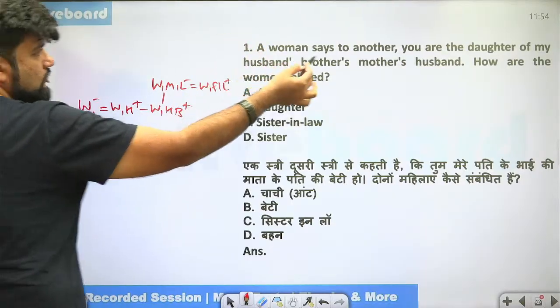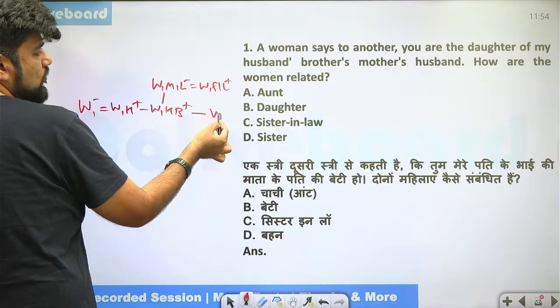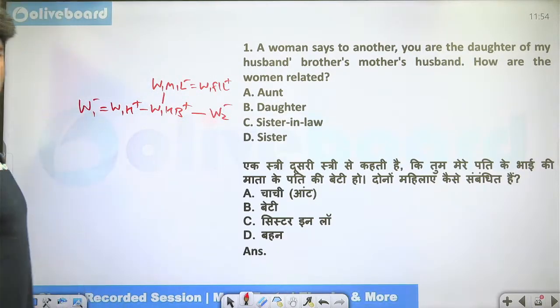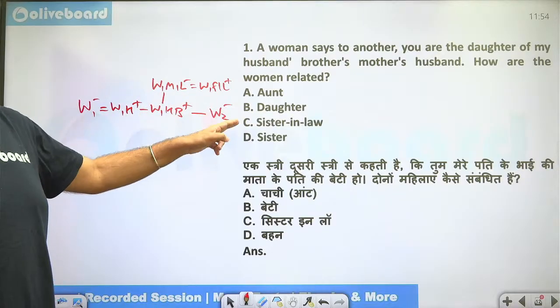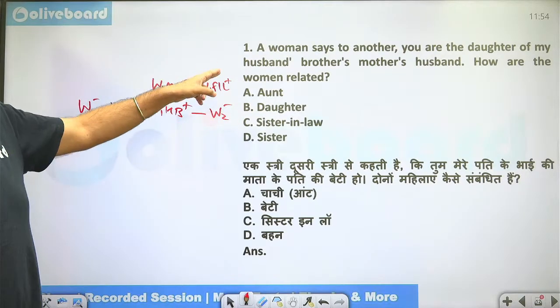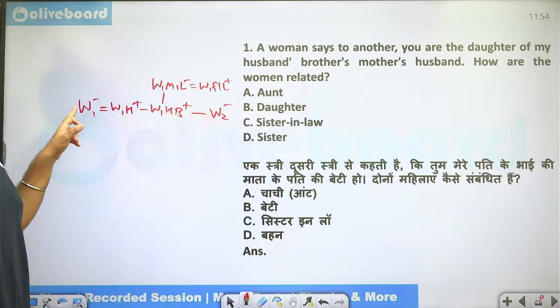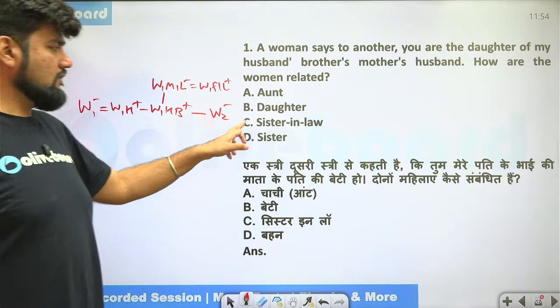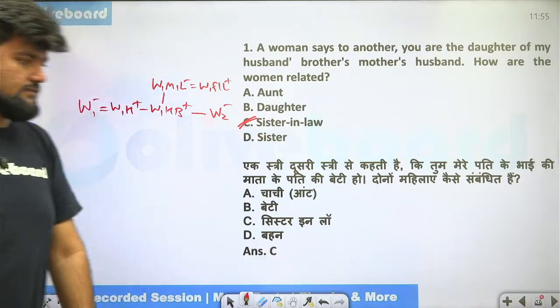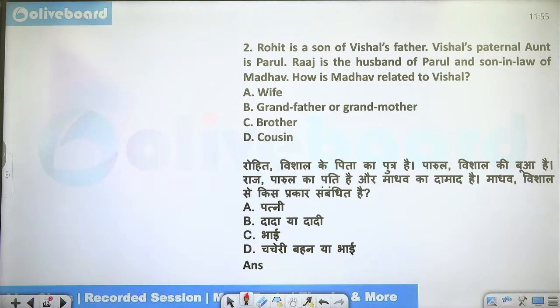And now if you come back from the relationship, you are the daughter, so the daughter is woman 2. She is talking to this woman and telling, you are the daughter of my husband's brother's mother's husband. Cool? How are the women related? The women are sisters-in-law. So option C is the correct answer. Cool? Next.